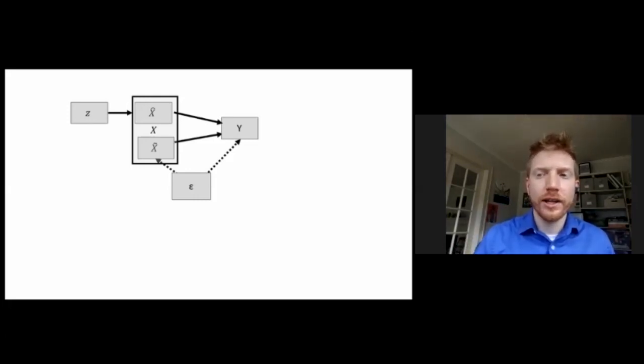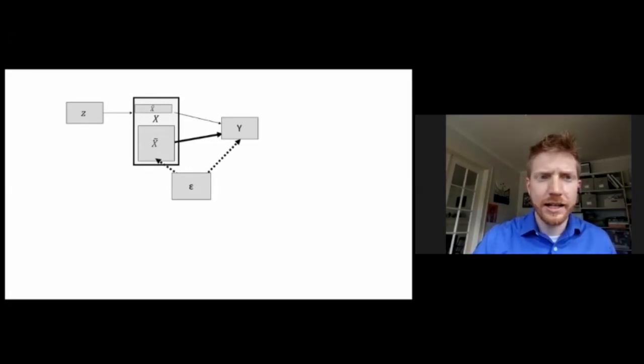A strong instrument does a very good job of explaining X. It has a big impact on X. A weak instrument maybe explains some of X, but explains a very small portion. And you can see with this diagram here that I've made these connections very small.